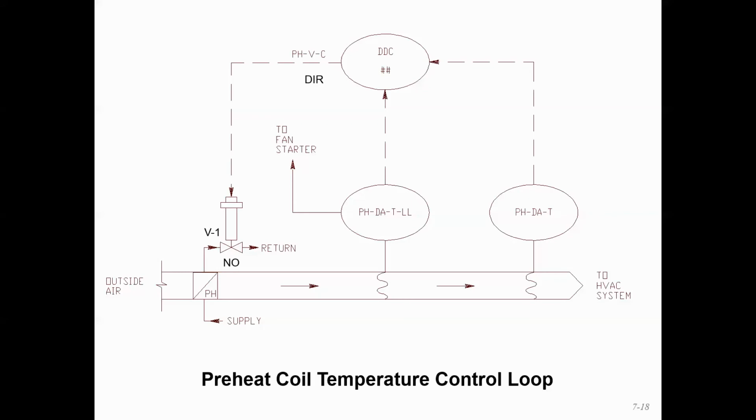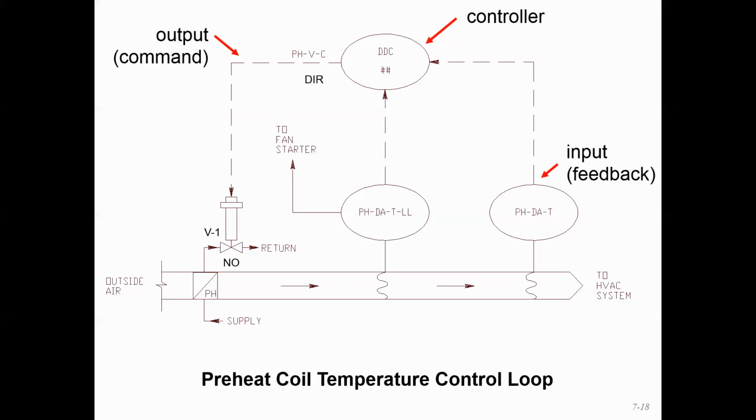So this is a schematic that is something of a system diagram and indicates how these controllers and different variables are tied together. So the first thing that we can see is that we have this DDC controller being represented here, and we have input information being sent to it, like this preheat discharge air temperature, and an output command going from the controller to something like this preheat coil valve.